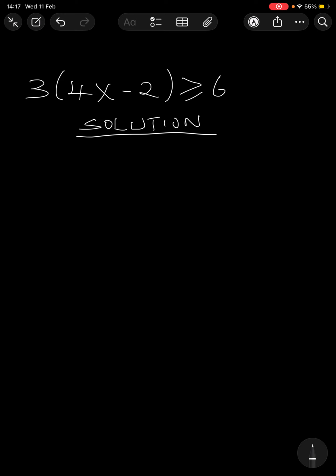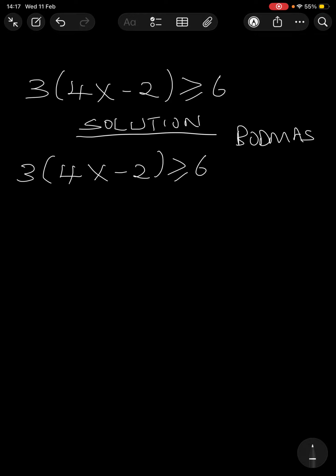As you can see, we have to use BODMAS. Open the bracket. If you take 3 times 4x, that is 12x. 3 times negative 2 is negative 6, greater or equal to 6.